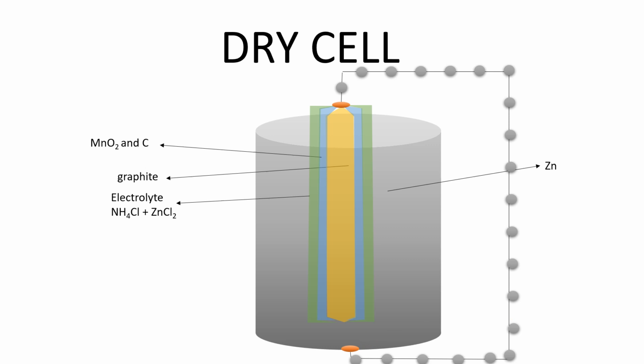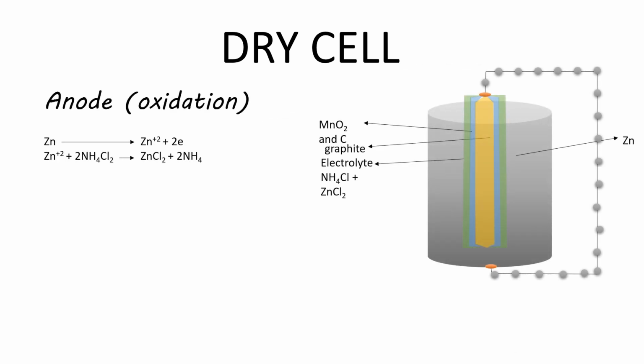Now let's see how the reaction will happen. Here you can see that at the anode side, two things will take place. First of all, the zinc will transform into the zinc ion by losing two electrons, and the ion will be included in the aqueous solution.